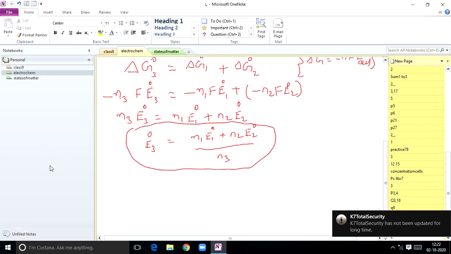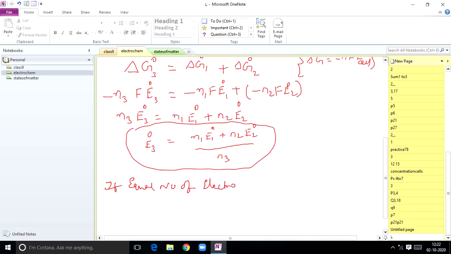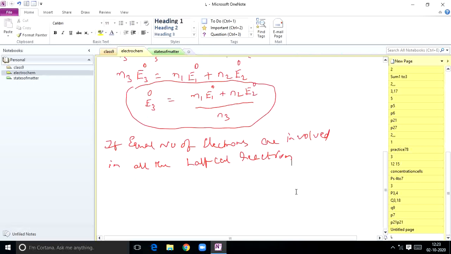Next, suppose an equal number of electrons are involved in all the half cell reactions, then what would be the relationship here?